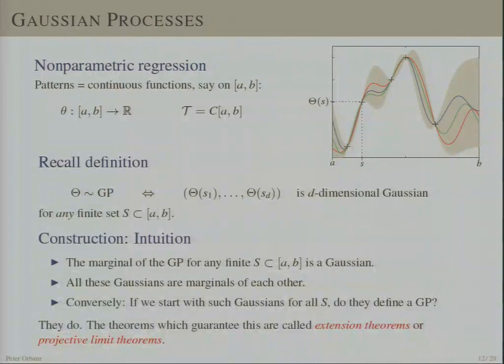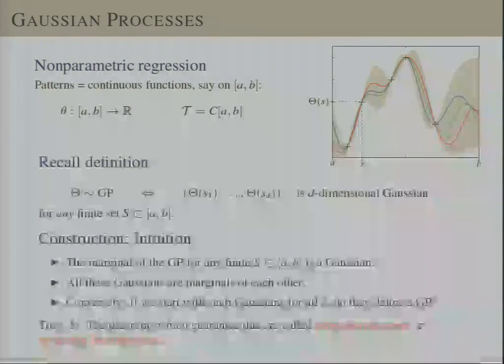So the idea is you have a one-to-one correspondence between a single infinite dimensional distribution and an infinite family of finite dimensional distributions. Okay? You have to be careful with these kind of results because you have to do some extra work to make sure that what you sample from that is actually a continuous function.